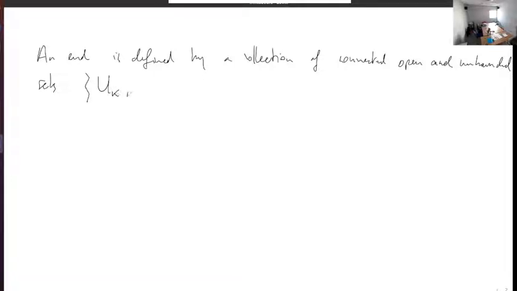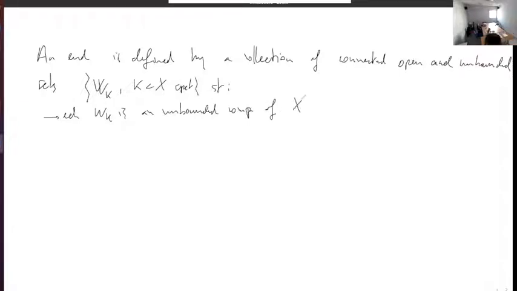These sets are parameterized; I name them U sub k, or W sub k, I prefer W sub k, where k is a compact set of X. The property is the following: each W sub k is an unbounded connected component of the complement of k.